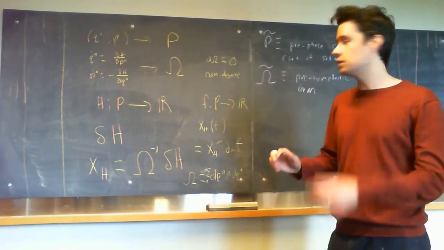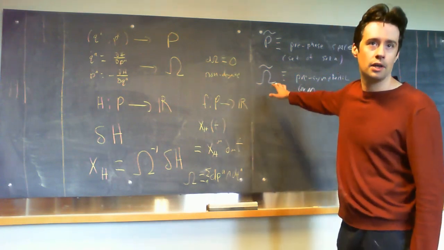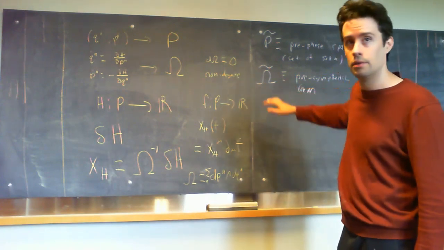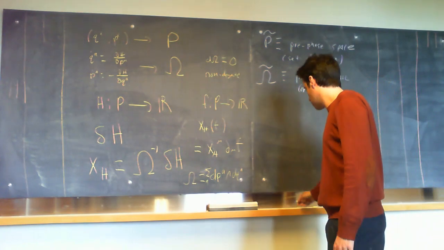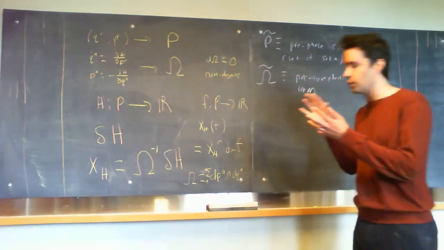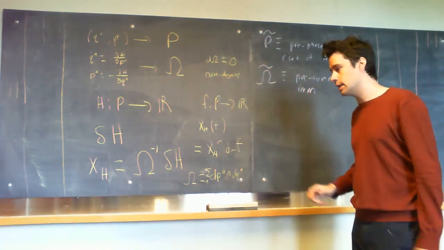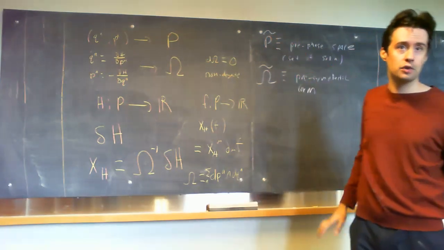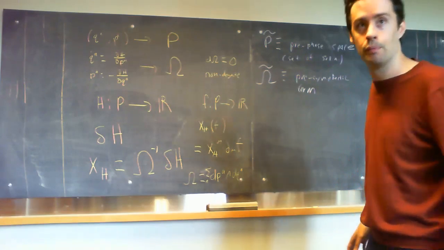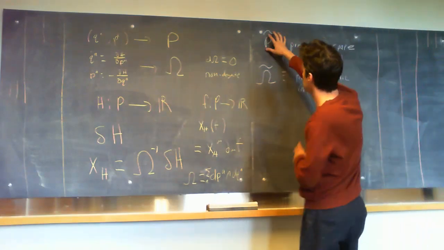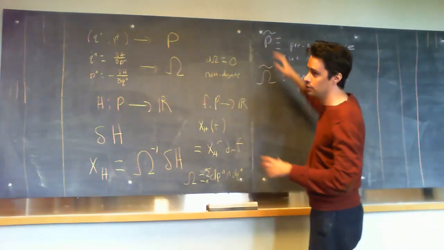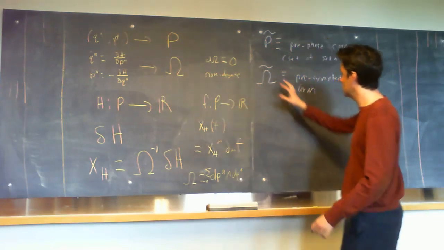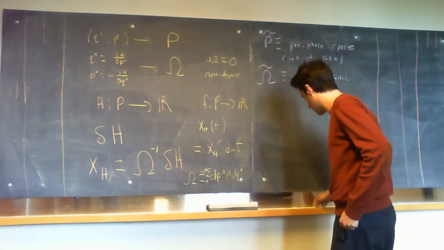So that means that the zero modes of omega tilde generate a Lie algebra. You can then exponentiate it to get a group that acts on P tilde. And if you like, that's what you might call the gauge group. It's a set of transformations of P tilde which are generated by the zero modes of omega tilde.